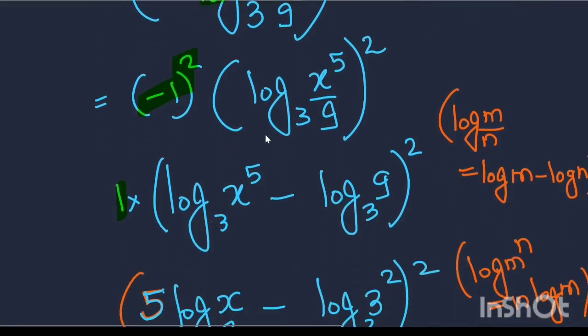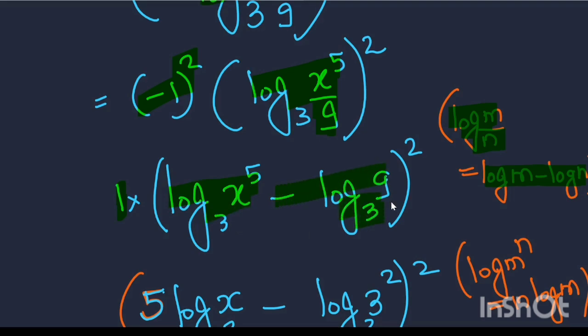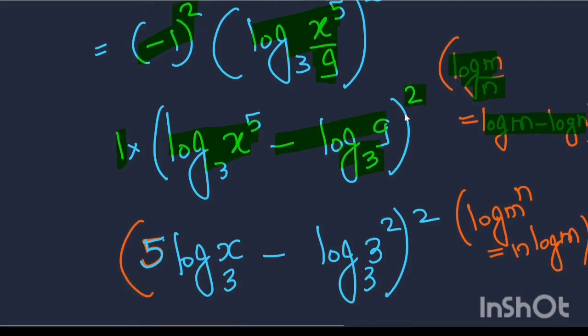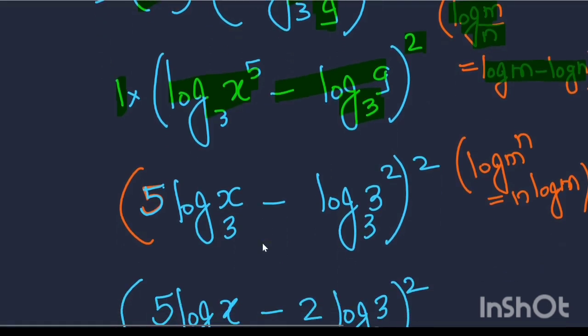Now this term, log x power 4 base 9, we can consider as log m base n, so we can expand it as log m minus log n. So we can write this as log x^5 base 3 minus log 9 base 3 using this formula, whole square as it is. Now this 5 goes down using log m to the power n is n log m.